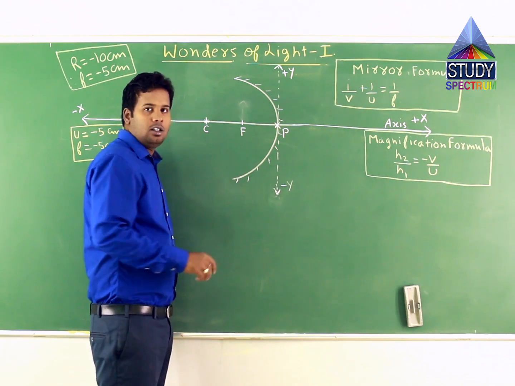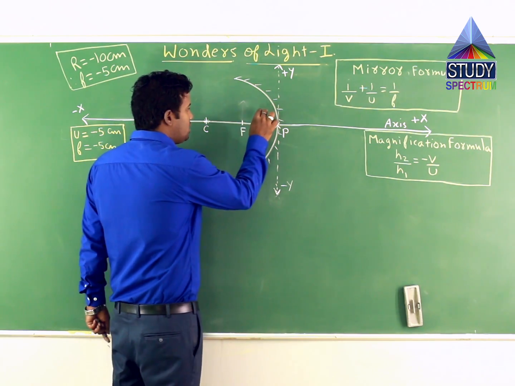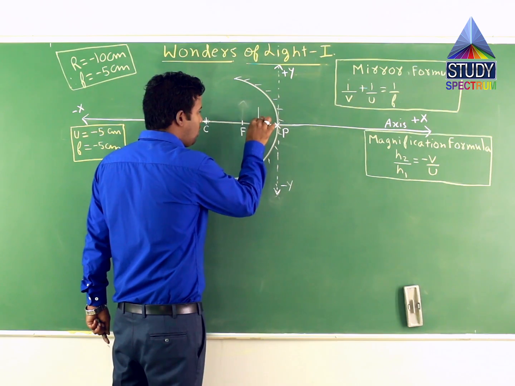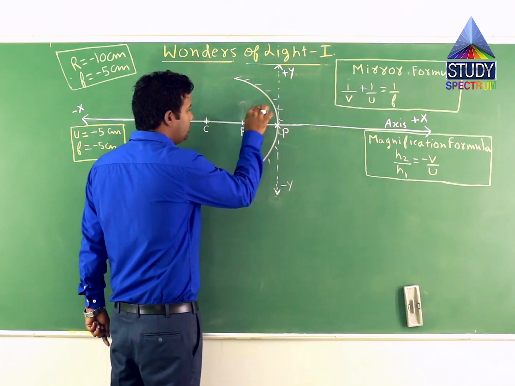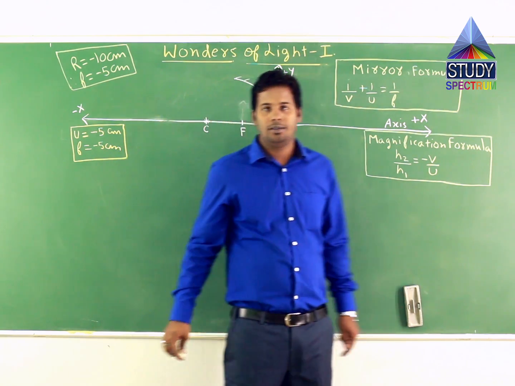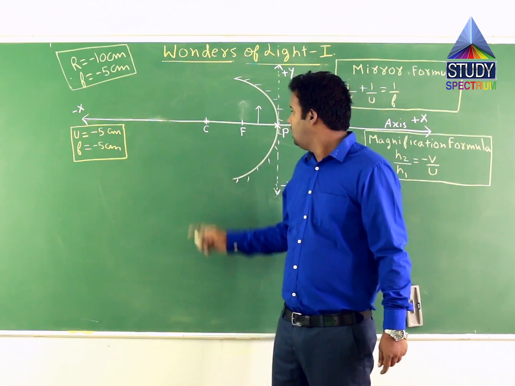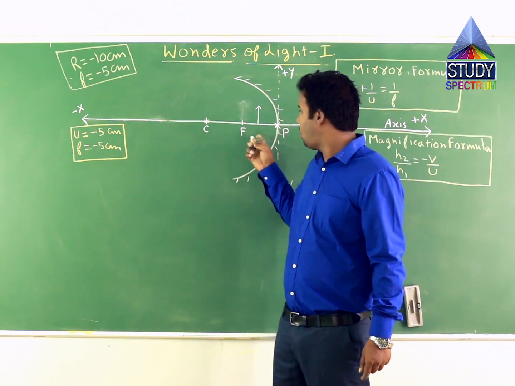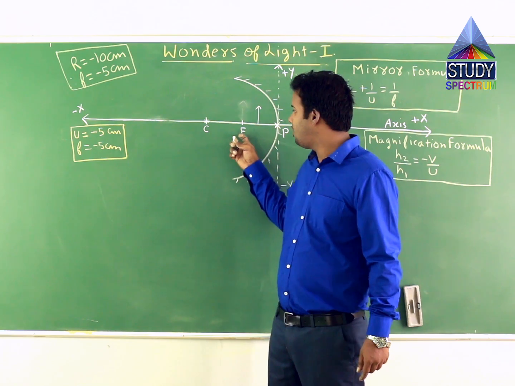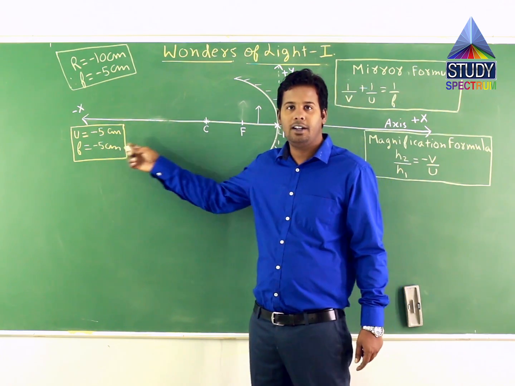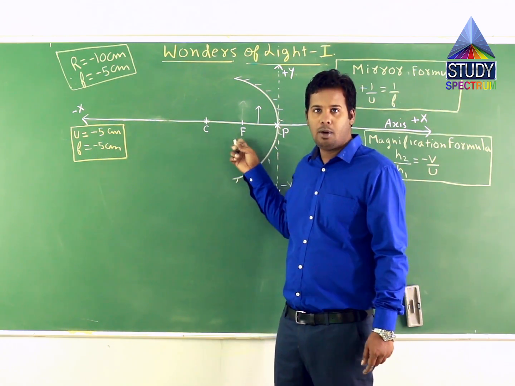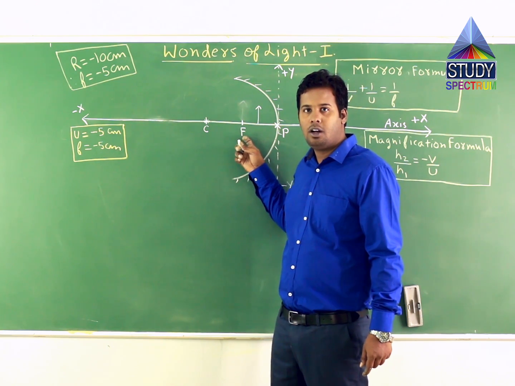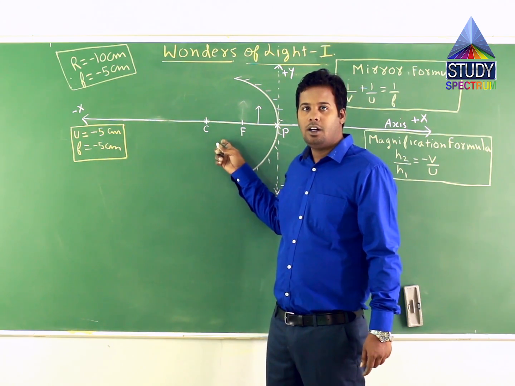So the last case is the object is placed between focus point and pole. Correct? Now, why is this the last case? Because in front of the mirror we have divided the negative x-axis, the number line in front of the concave mirror, into different points.